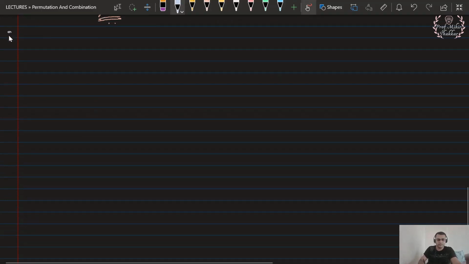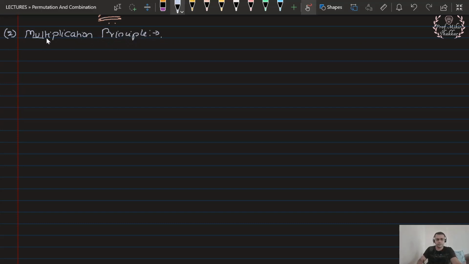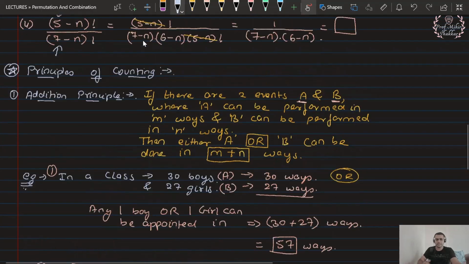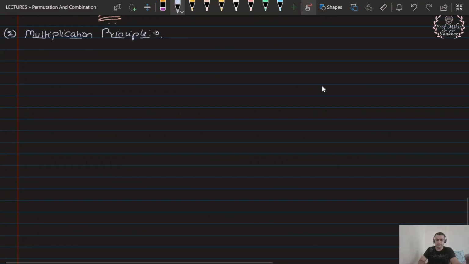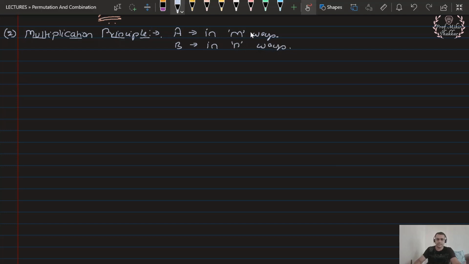Now see, the second principle that we have is the multiplication principle. Once again, the starting is the same, so we won't waste our time writing this again. There are two events A and B, where A can be performed in M ways and B can be performed in N ways. So let us write over here in short. A can be done in M ways, B can be done in N ways.